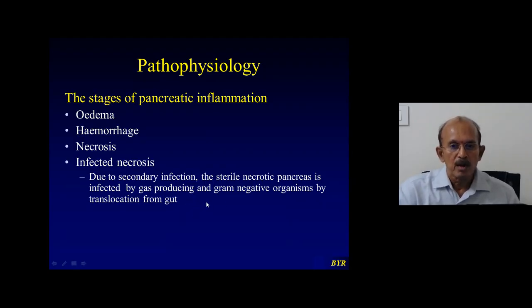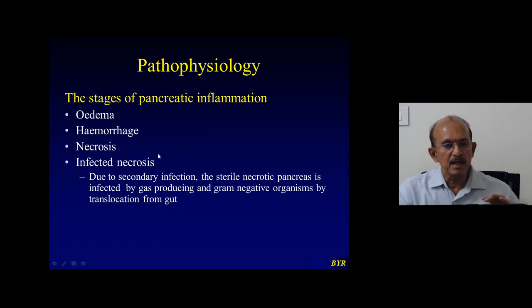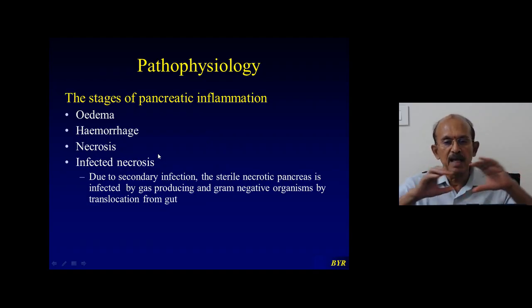So now these get translocated from the gut into the pancreas, because whenever there is acute inflammatory reaction in the pancreas, what happens? There will be reflex paralytic ileus of the gut. We have just now seen the pancreas is lying over the aorta.